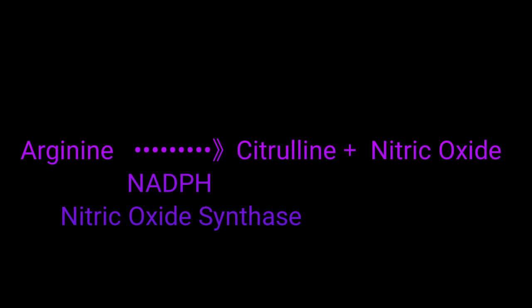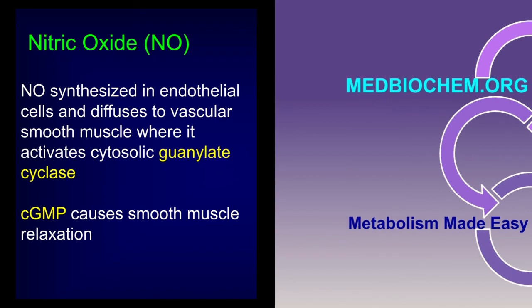This enzyme requires NADPH as a coenzyme, and it will produce nitric oxide from arginine. Nitric oxide is an important second messenger produced in endothelial cells, which is in part responsible for smooth muscle relaxation and vasodilation.